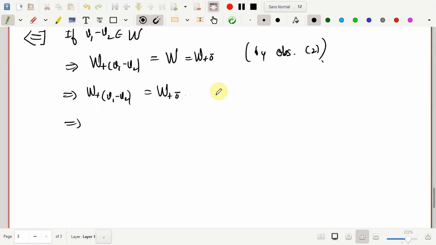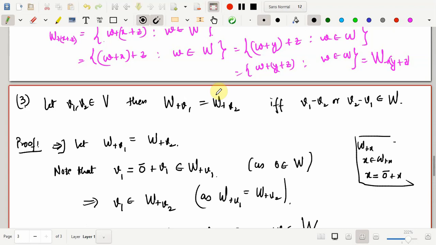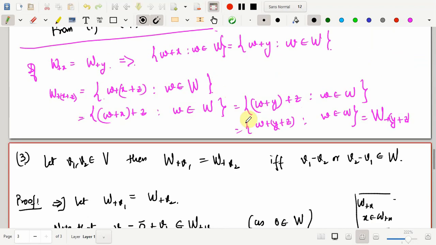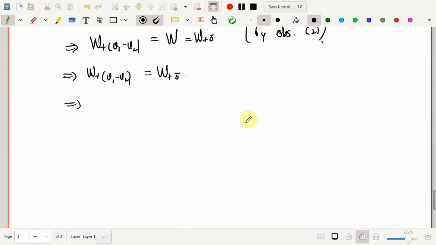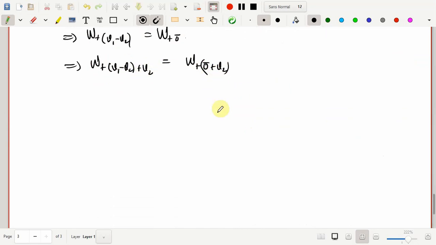So by this observation in red which we have made, it is clear that I can add a vector on both sides. So if I have this, then definitely from here I will have this vector plus V2. I'll be adding V2 so that I get V2 here, and you can add either V1 or V2, it will give you the same thing.